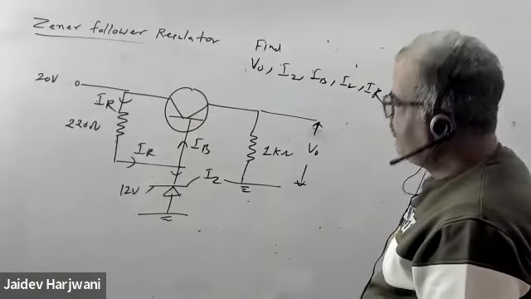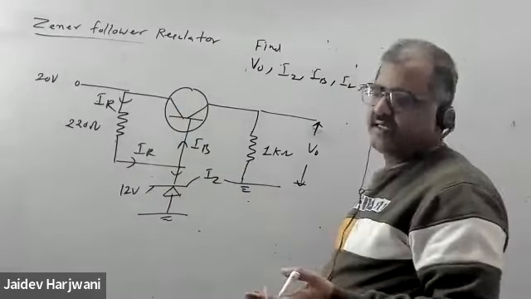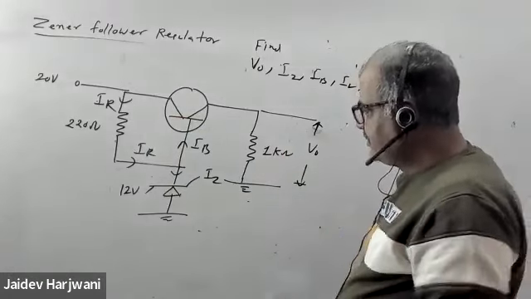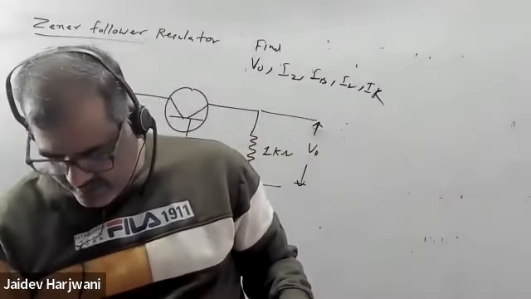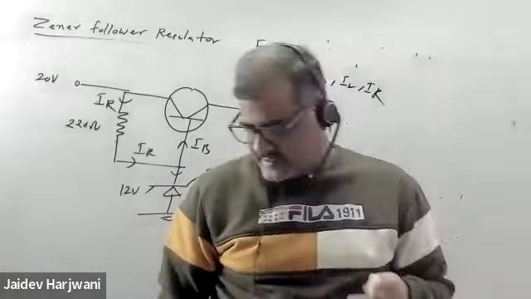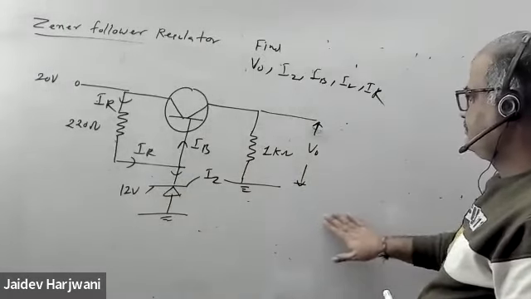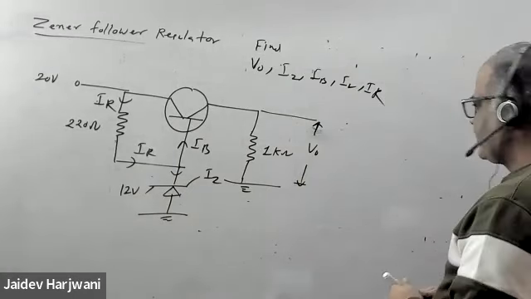Assume this diode is conducting. If you are in doubt, you can go through the same procedure and check. In this question I am informing you that it is conducting, so you can directly solve the problem. You can find V naught and the current values and tell me the answer. V naught is very simple.